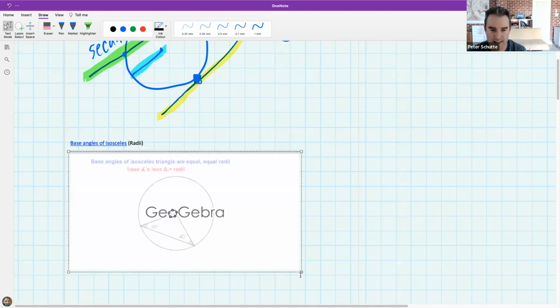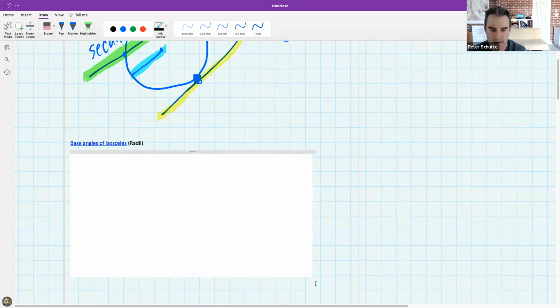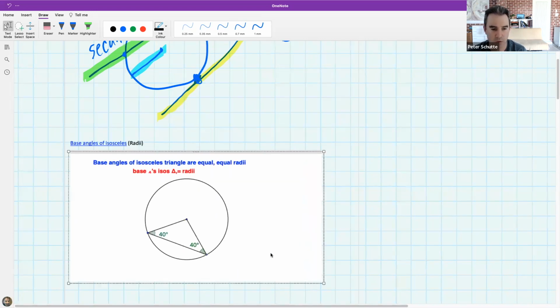For this first one, I would love someone to come online and explain how we use this theorem when we're solving questions, or this first little picture that I'm showing you. We spoke about this in lesson 1. Who would like to give us some information about how we use this picture?